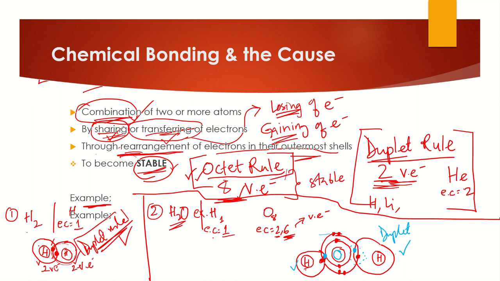And the other hydrogen atom also acquired 2 electrons in its shell, hence it also became stable. Regarding the oxygen atom, if you count its electrons: 1, 2, 3, 4, 5, 6, 7, and 8. That means oxygen also became stable and it has followed the octet rule.